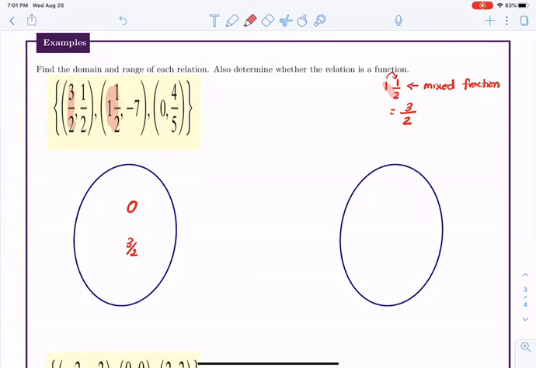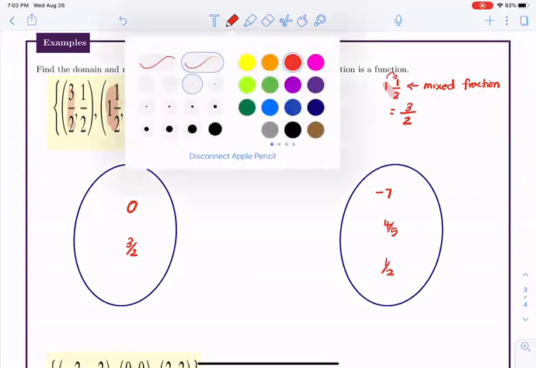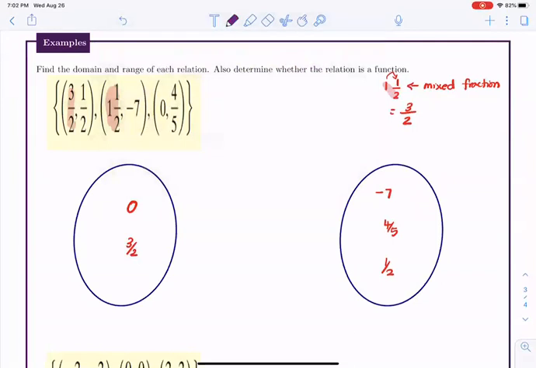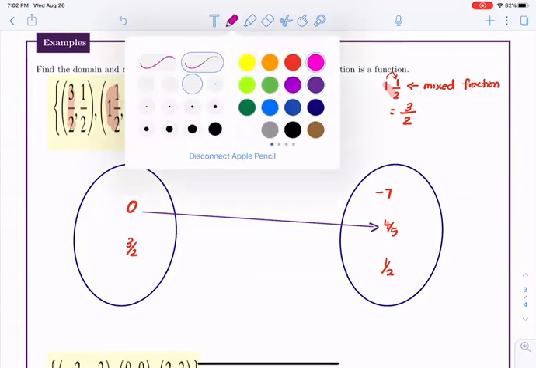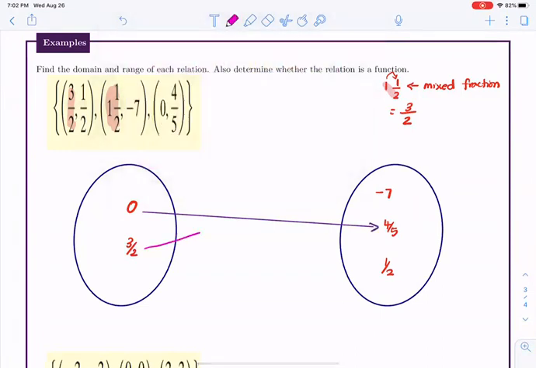And on the other side, we have -7, 4/5, and 1/2. Now we can start connecting stuff. 0 goes to 4/5. 3/2 connects to -7, as well as 1/2.